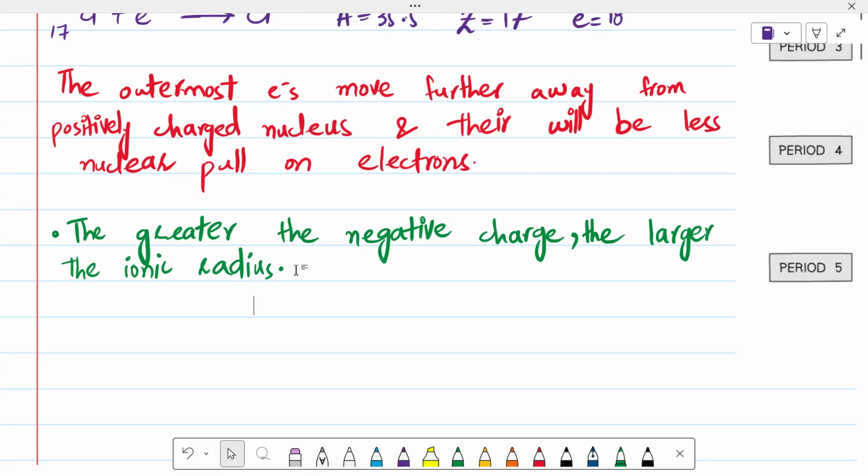Clear? Now can you tell me, when you add an electron, or more than one electron, the repulsion increases. Repulsion between which electrons?